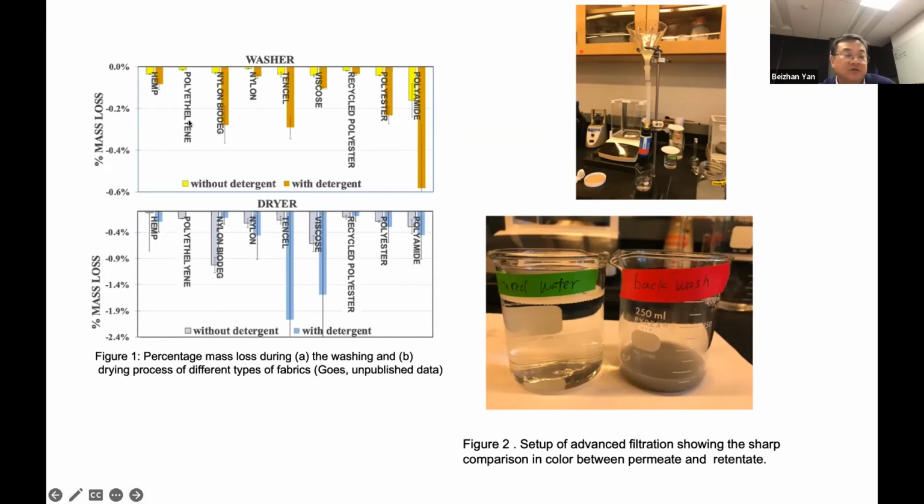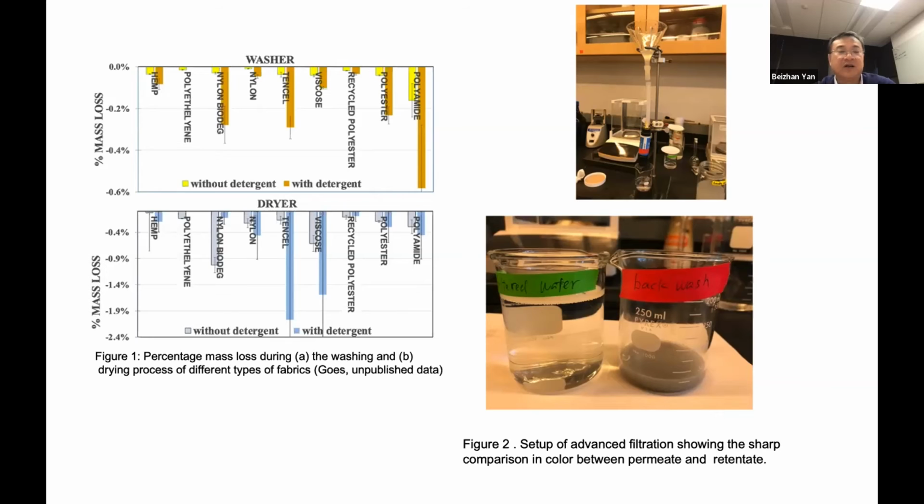He also investigated what comes out from the washers in terms of mass loss, and you can see probably 0.3% comes out from the washers, which is consistent with my study showing quite a lot of fibers come out. His research also shows that if you have detergent, you have an even higher mass loss. Part of the reason is that detergent contains plastic itself, and these microplastics rub against your clothes and potentially cause the breaking up of the fibers in the clothes as well.